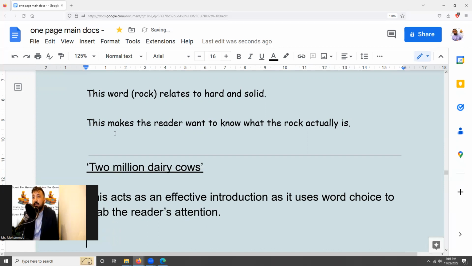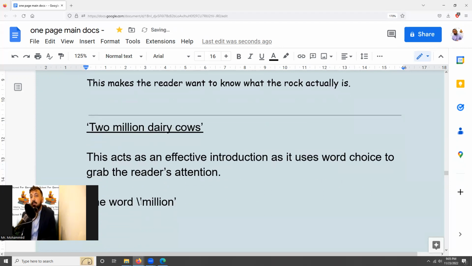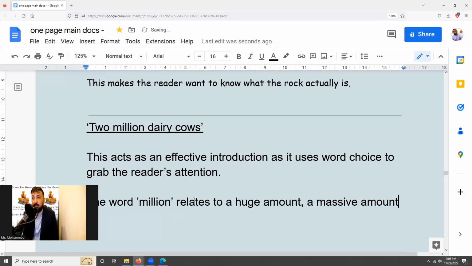Now we just say the word "million," and we can put it in quote marks so that we know it's from the quote. Okay, the word "million," very good. The word "million" relates to a huge amount, a massive amount, and a large number, just like how you do in word choice, some connotations.